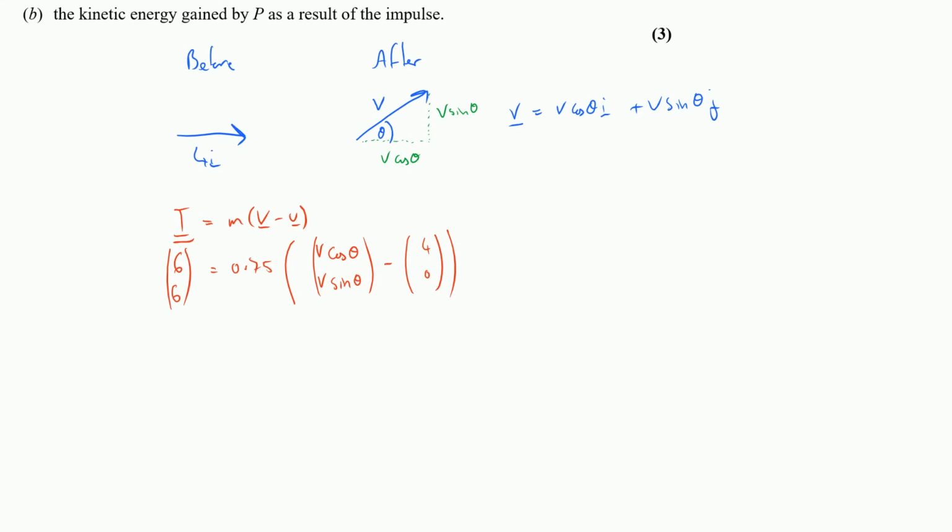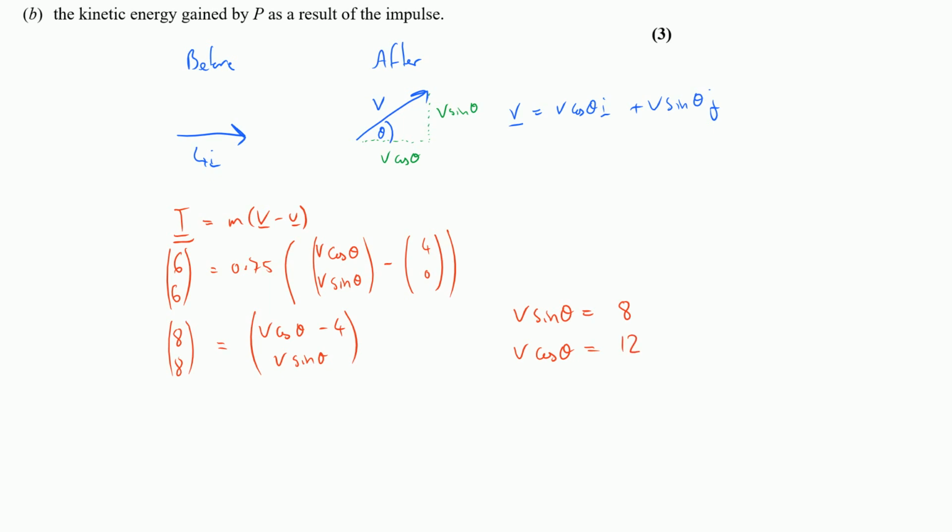Now continuing from here, if I divide through by 0.75, I've got 8, 8 is equal to v cos theta minus 4 and v sine theta. This now gives me two equations. I know that v sine theta is equal to 8, and I know that v cos theta is equal to 12.